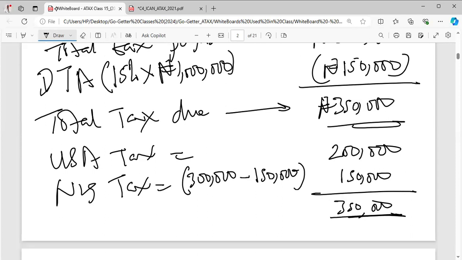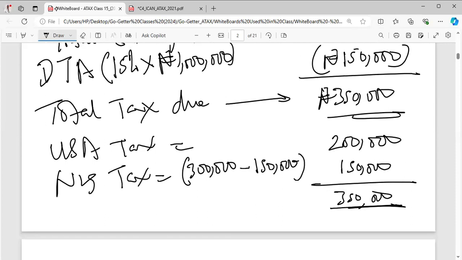The 200 in US tax has been paid to US already. But now, out of Nigerian tax, we are saying we cannot give you the whole 200 you paid in US. We can only give you part of it that is up to half of Nigerian tax.